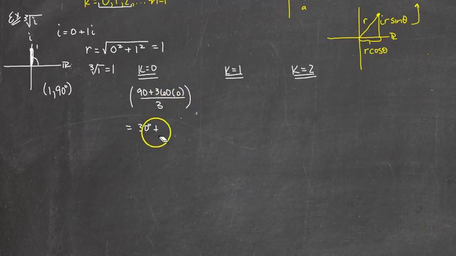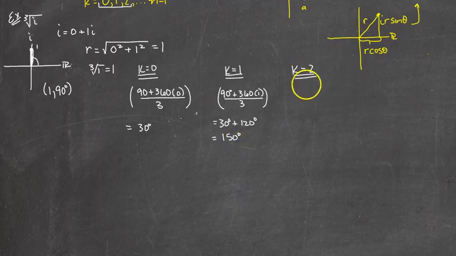So I'm done with that one. That was pretty easy. And then when k equals 1, I have 90 degrees plus 360 times 1, divided by 3. Still again, just looking inside those parentheses. 90 divided by 3 is 30 degrees, and then 360 divided by 3 is 120. If I add these together, I get 150 degrees.